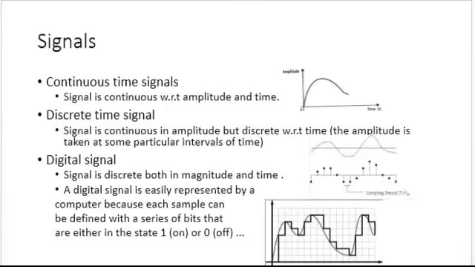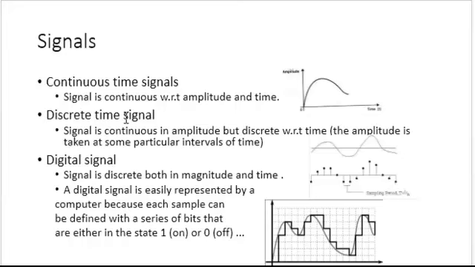Okay, there are different types of signals available. Basically, signals can be categorized into three different ways: continuous time signals, discrete time signals, and digital signals. As the name implies, a continuous time signal is one that is continuous with respect to both amplitude and time. A signal has information like amplitude, time and phase. If the signal is continuous with respect to both amplitude and time, it is termed a continuous time signal.